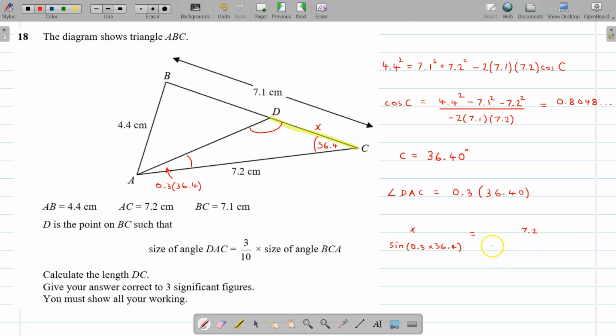And the sine of that angle there is going to be the sine of 180 minus 36.4, which is the angle at C, minus 0.3 times 36.4.